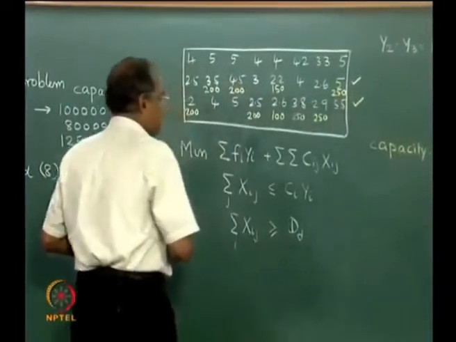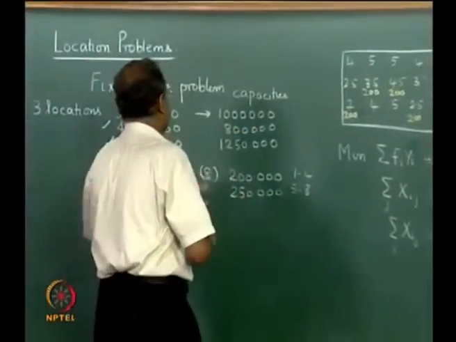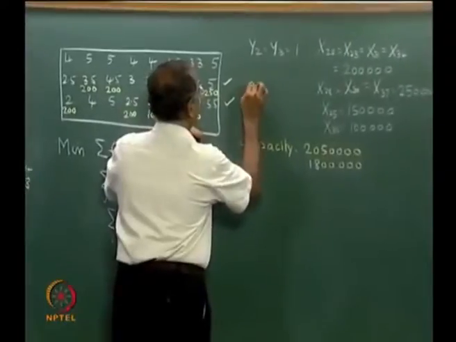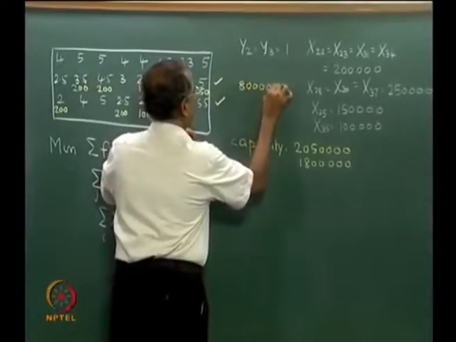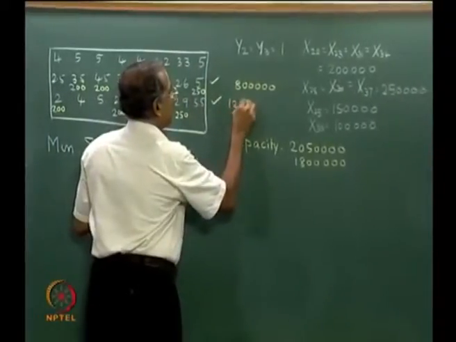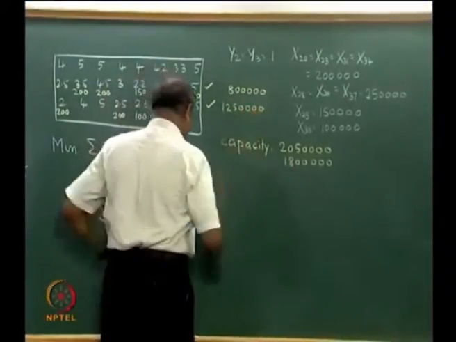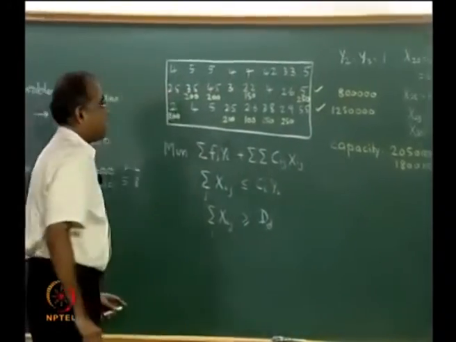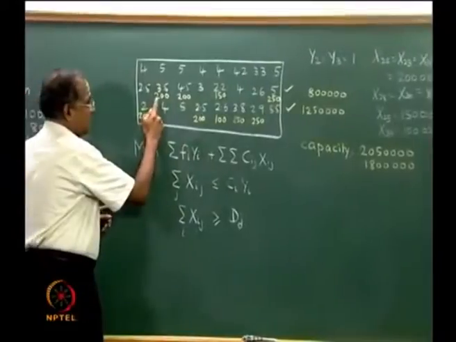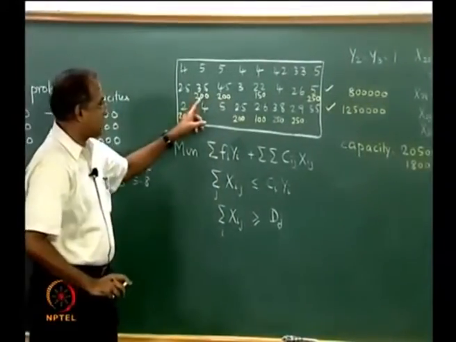Now, we realize that this capacity is 800,000, this capacity is 1,250,000. This 800 capacity is utilized like this: 200, 200, remember these are in thousands.